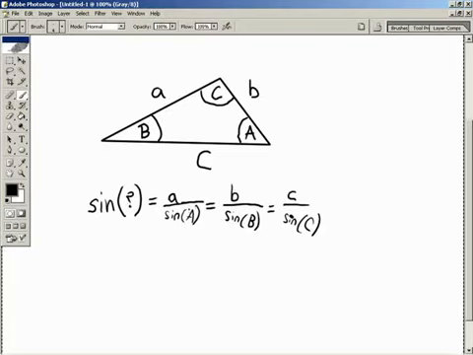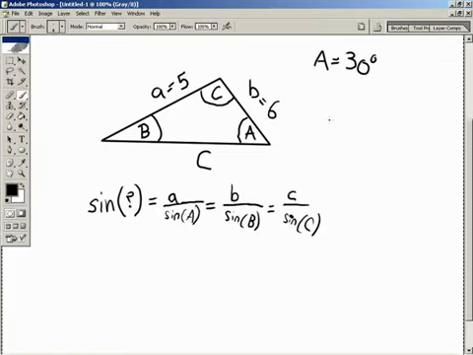So let's say, for example, these numbers aren't the nicest numbers, but they do work, that A is equal to 5, B is equal to 6, and I'll write it over here, capital A is equal to 30 degrees.